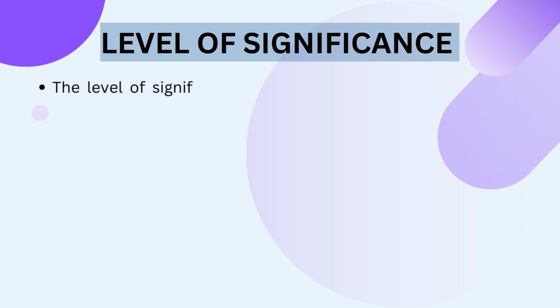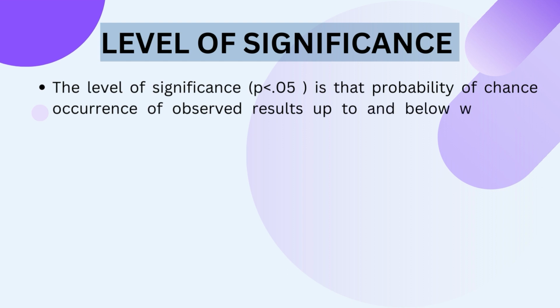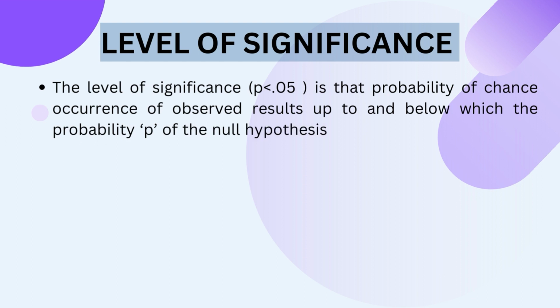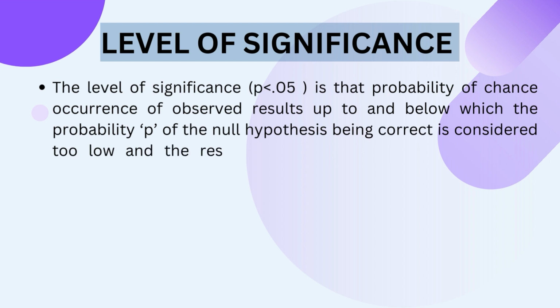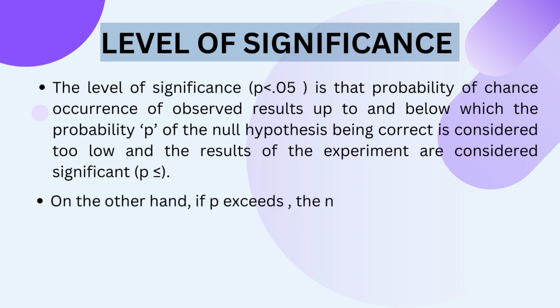One important concept is level of significance, because when a hypothesis is tested, there are different levels of significance which are related to probability, which are used to decide whether a difference lies or not. So from that perspective, level of significance is that probability of chance of observed results up to and below which the probability of the null hypothesis being correct is considered too low and the results of the experiment are considered significant, less than or equal to the probability.